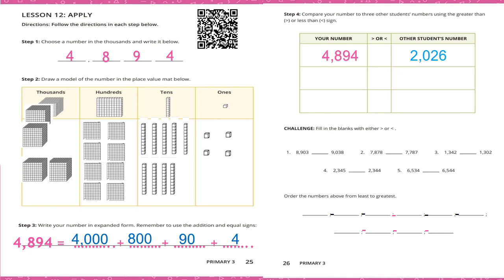Let's compare the greatest place, which is 1000. Look at the left and compare 1000. I have in 1000 here 4 and here 2. So 4 is the greatest.